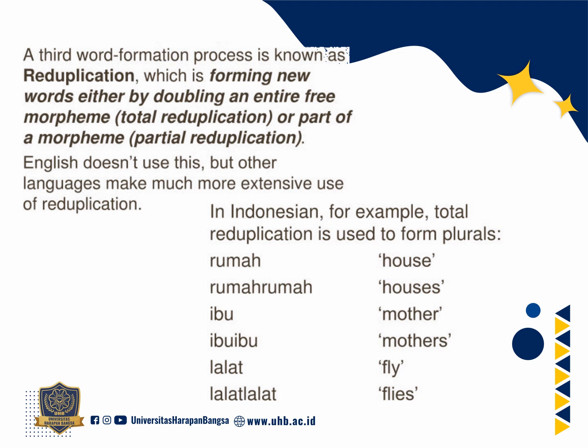The third word formation process is known as reduplication, which is forming new words either by doubling an entire morpheme, total reduplication, or part of a morpheme, partial reduplication. English doesn't use this, but other languages make much more extensive use of reduplication.